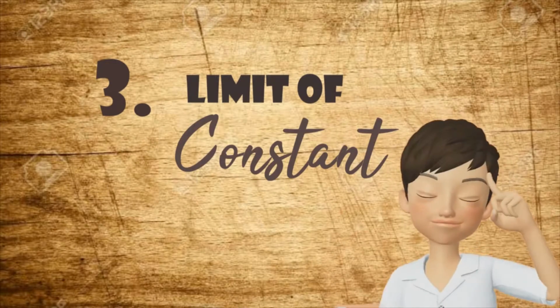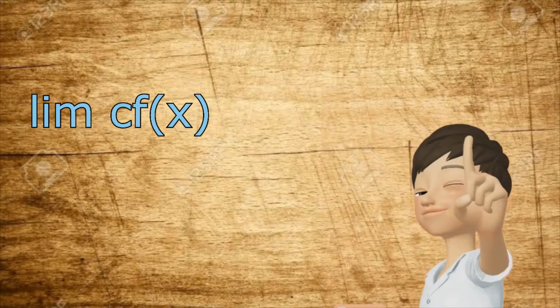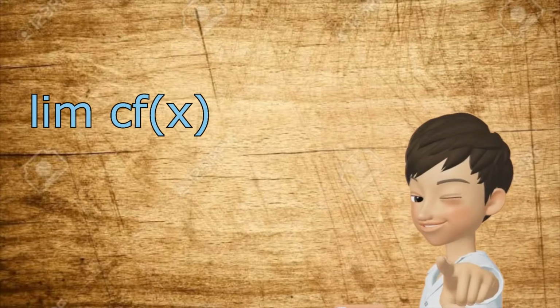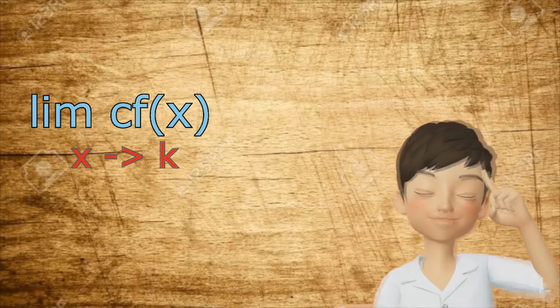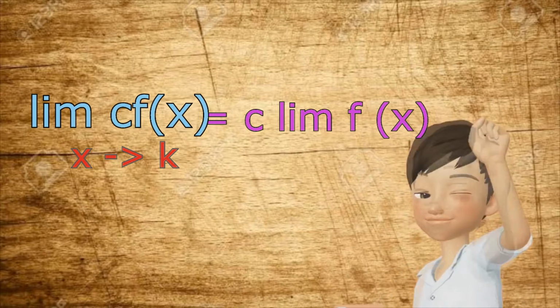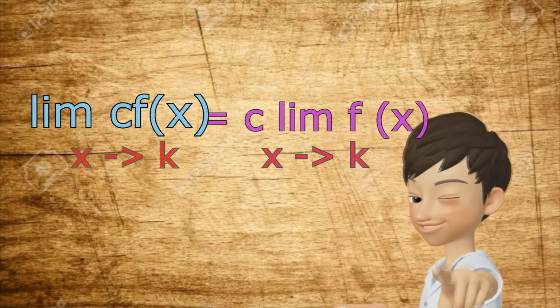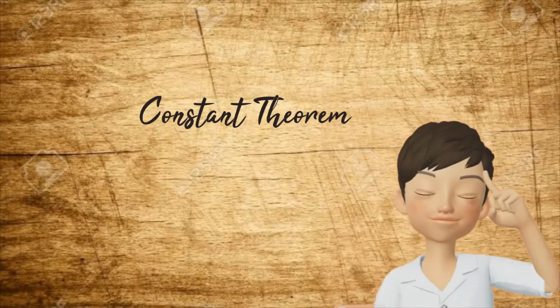Limit of a constant times a function, where the limit of c times a function as x approaches k is equal to c times the limit of the function as x approaches k. This one is the combination of the first two properties.